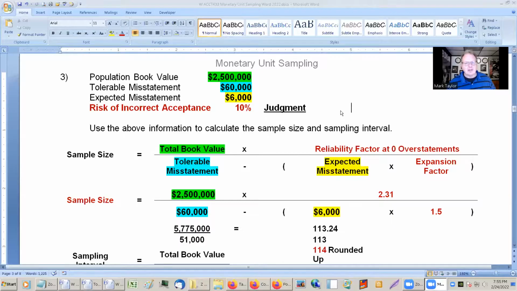And there are no guidelines from the ACCT433 on whether you audit to 1%, 5%, 10%, or 20%. There are no guidelines by the ACCT433 or PCAOB on that.